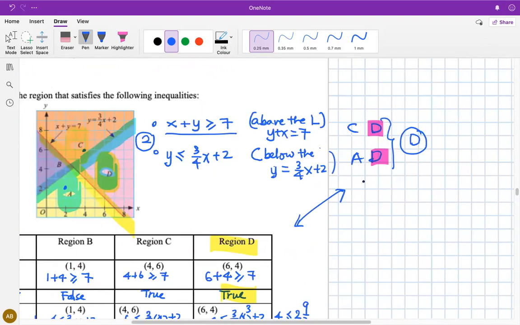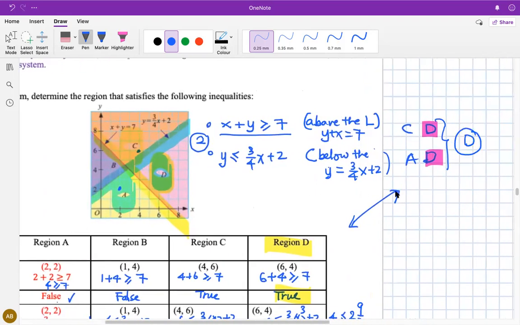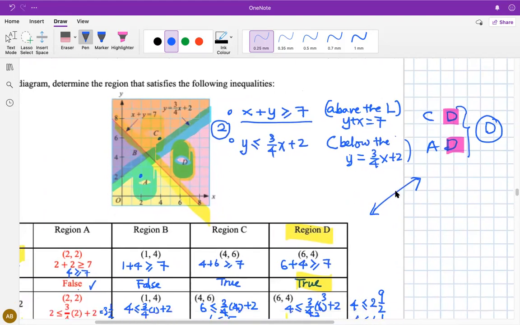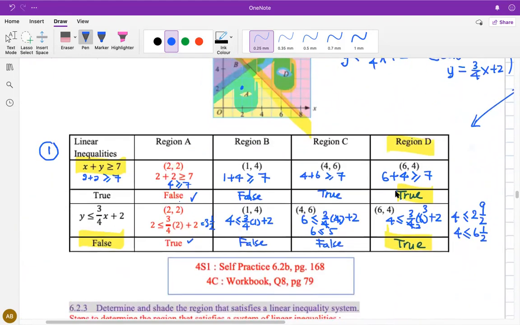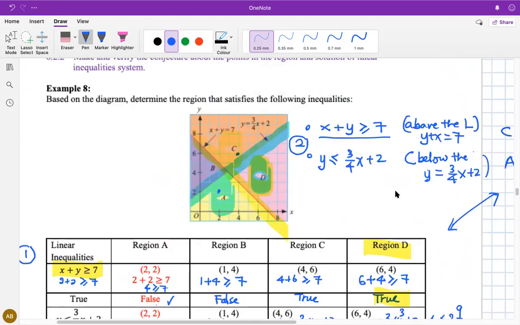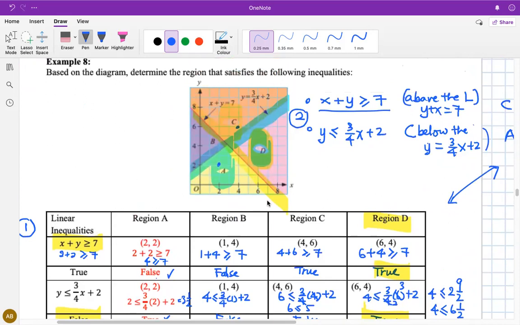That means the regions that repeat themselves twice. If there are three inequalities, that means we find the regions that repeat themselves three times. So if 4 inequalities, then 4 times. So that's the way. That's how you solve example 8.